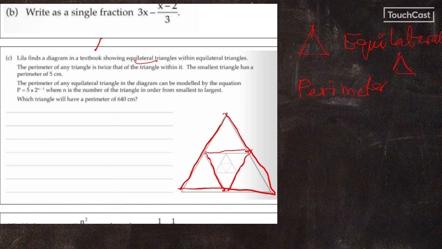So that's one thing we've got to clearly understand. And the smallest one has a perimeter of 5 centimeters.